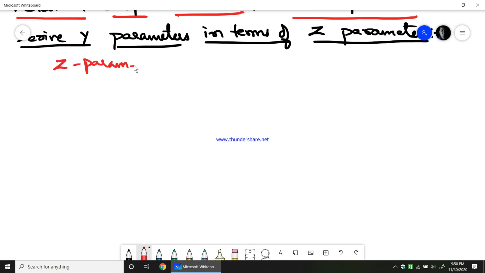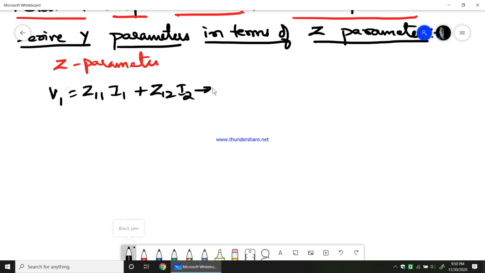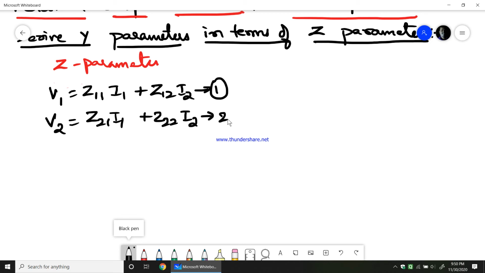We know Z parameter equation is V1 equals Z11 I1 plus Z12 I2, this is equation 1. Similarly V2 equals Z21 I1 plus Z22 I2, this is equation 2.